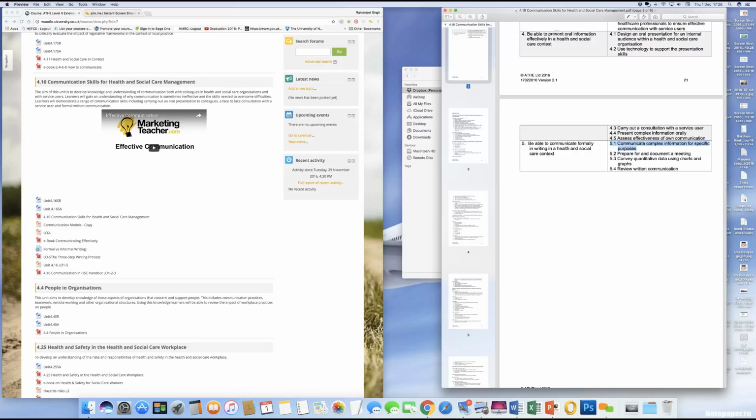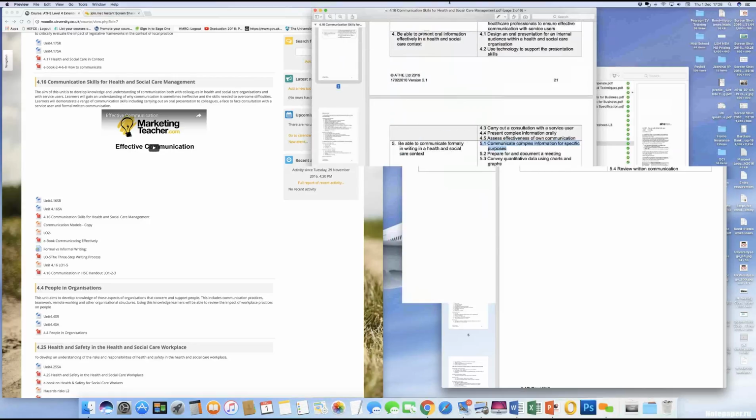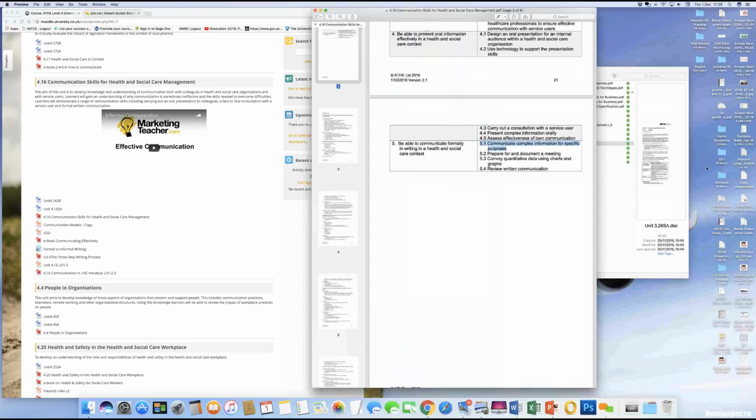And I think the last task that we are looking at says review written communication. So what you have to do here is, review means you have to basically look at, recapping all the different forms of written communication.